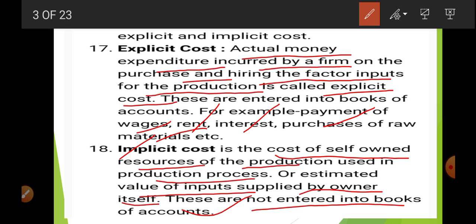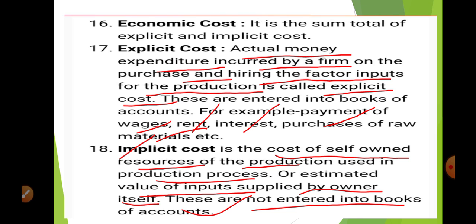So this is the example of what? Implicit cost. So when we calculate economic cost, we add the imputed value of rent of that room. Okay, so explicit is whatever payment we make to outsiders for hiring or purchasing, and implicit is when we are using our own resources.